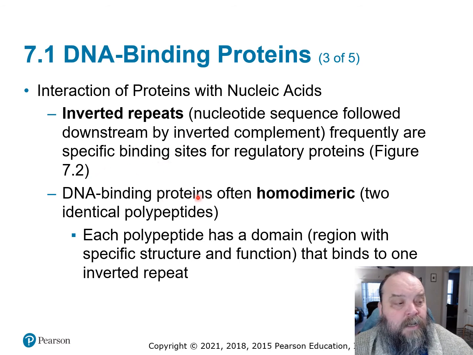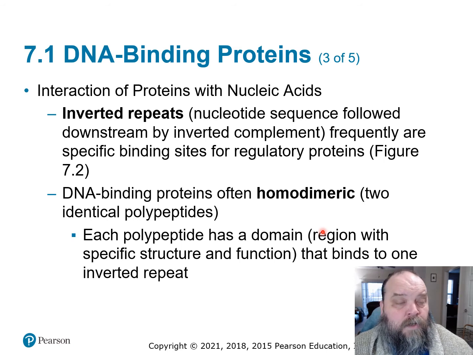We also see that DNA binds what are referred to as homodimers. These proteins are homodimers, which means it's two identical peptides. Dimer means two. That mature protein is two polypeptides. Remember, primary, secondary, tertiary, quaternary.